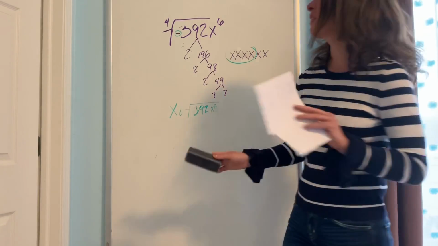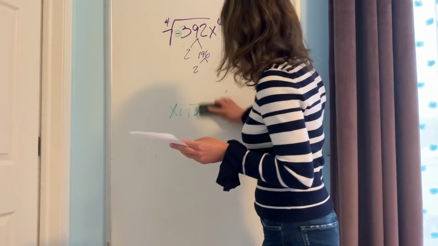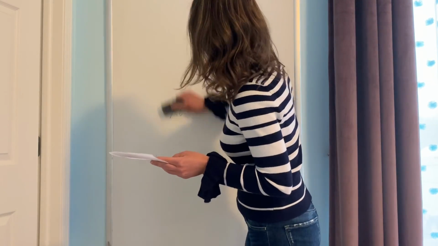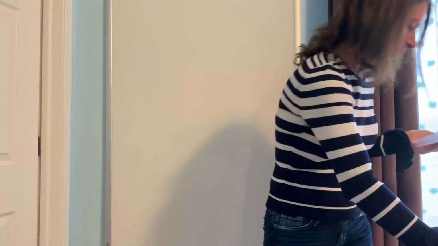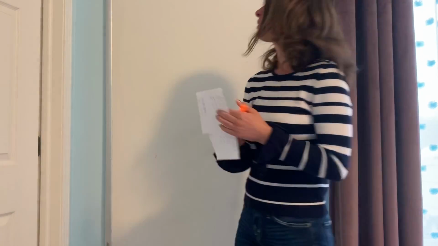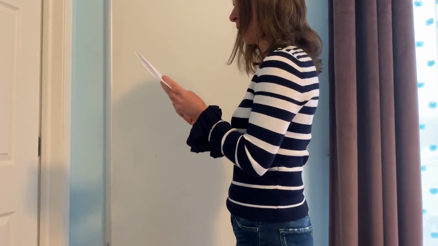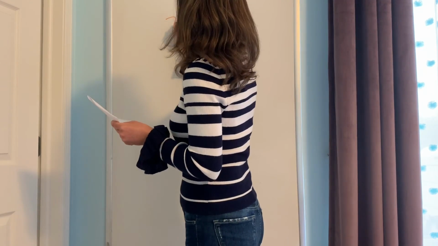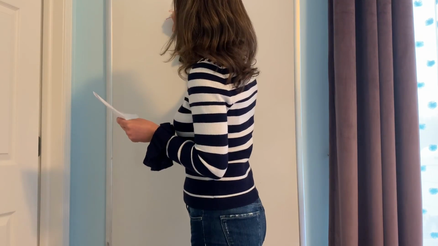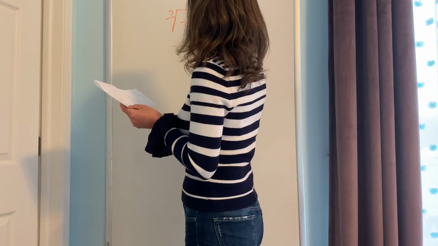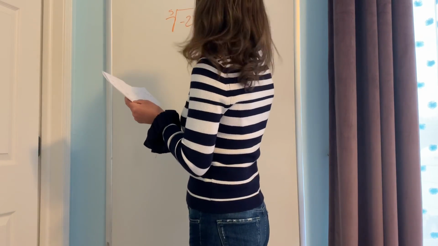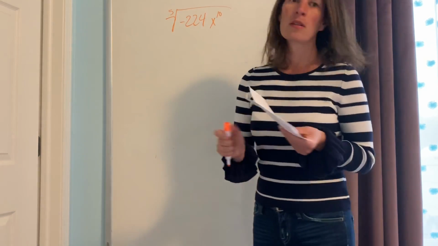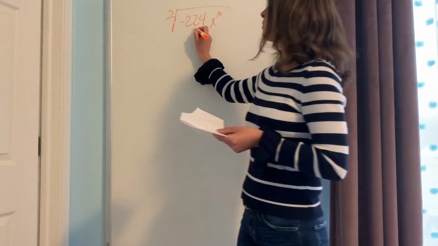Okay, and then the last one we have to do is the fifth root of negative 224 x to the 10. So we're going to break down 224.